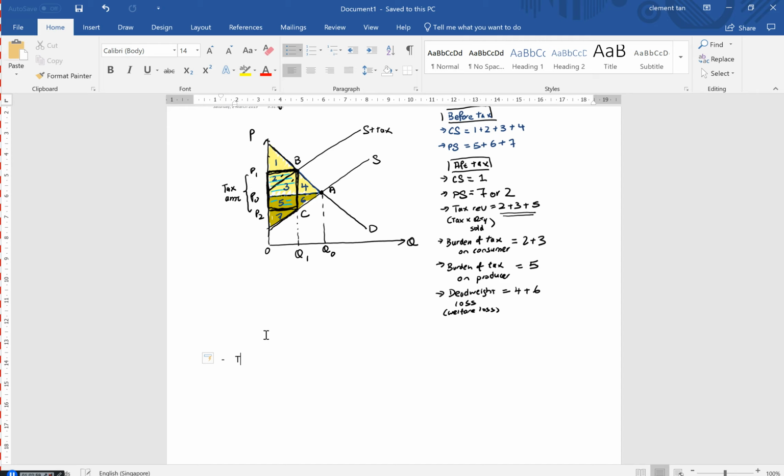So the relative burden will depend on the relative slopes of the demand and supply curves, i.e. relative PED versus PES.